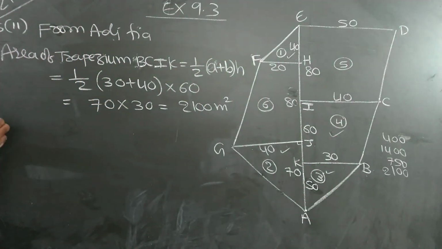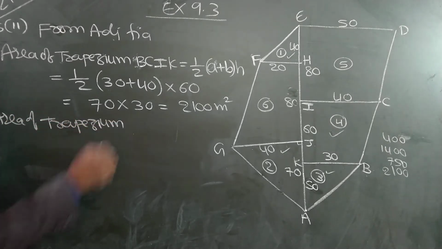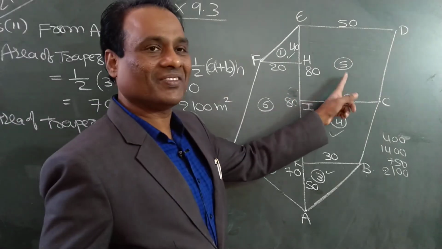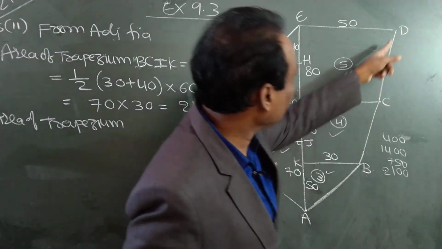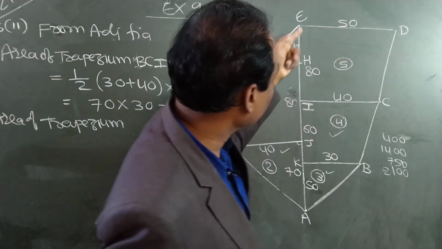Next one. Area of trapezium. What is the other trapezium? This trapezium. What is the name? CDEI.